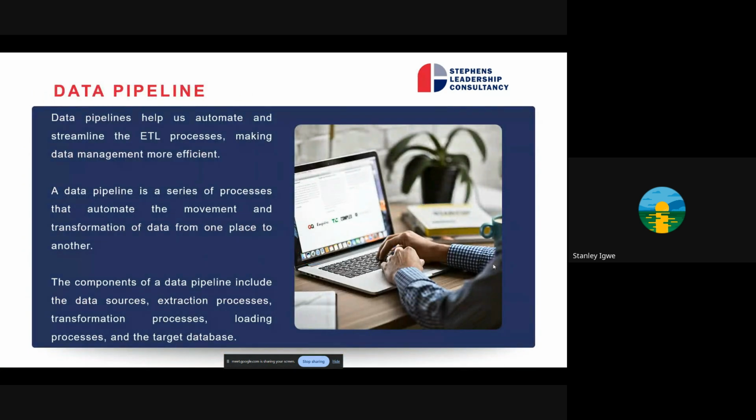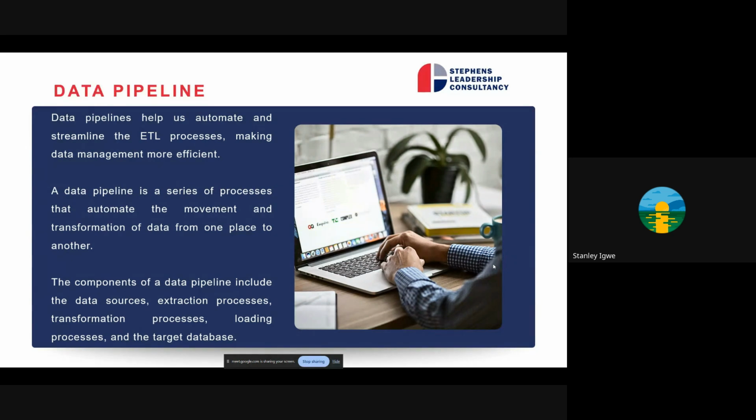And then we have a data pipeline. A data pipeline simply helps us to automate this ETL process. So you design your model, you already know how you want to push in your data: you want to extract, transform, and load it, or you want to extract, load, and then transform.